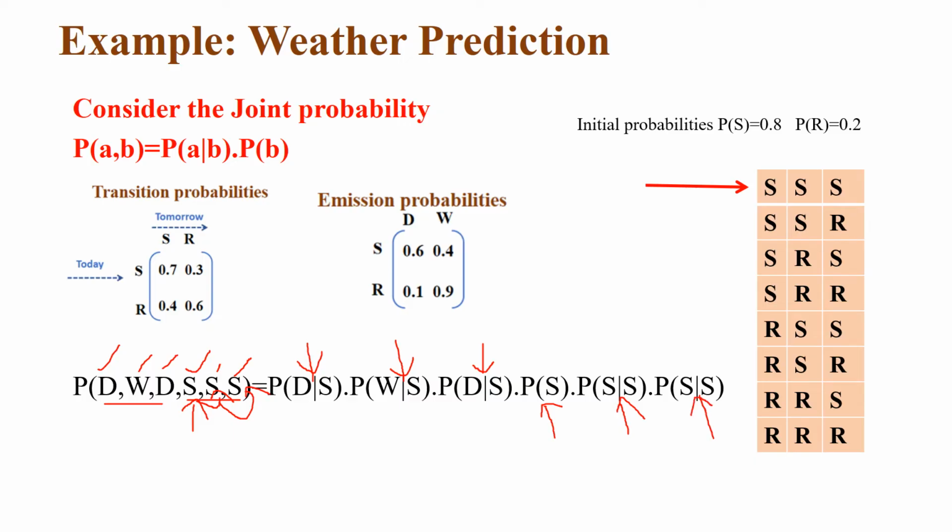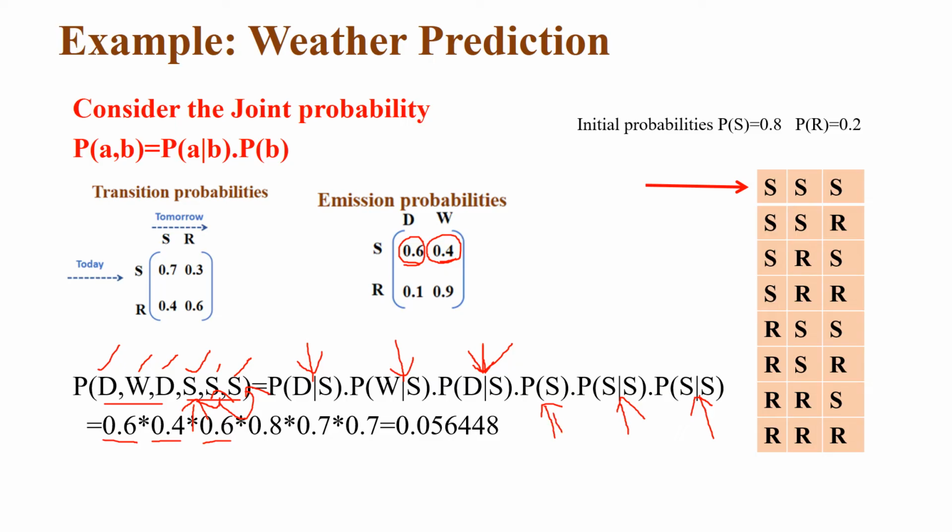Upon applying the values for all the given probabilities: probability of dry given sunny is 0.6, then probability of wet given sunny is 0.4, probability of dry given sunny is 0.6. Then the initial state probability for the sunny state is given in the problem as 0.8, let us include that value.